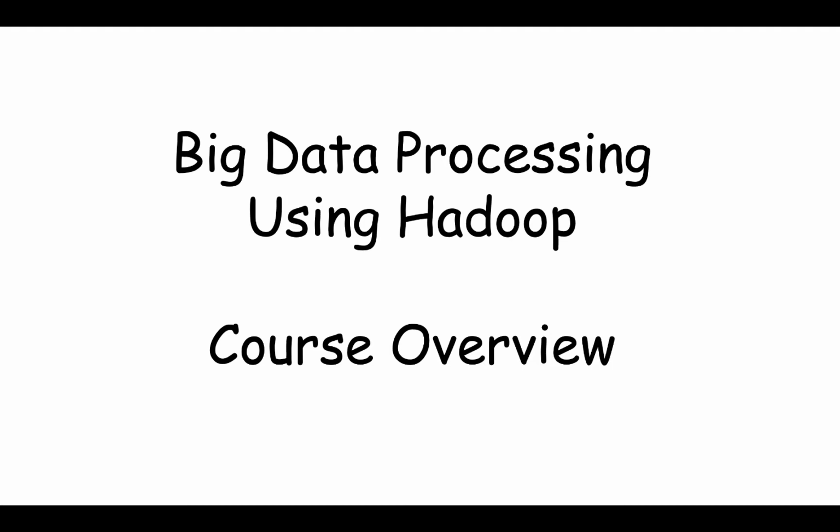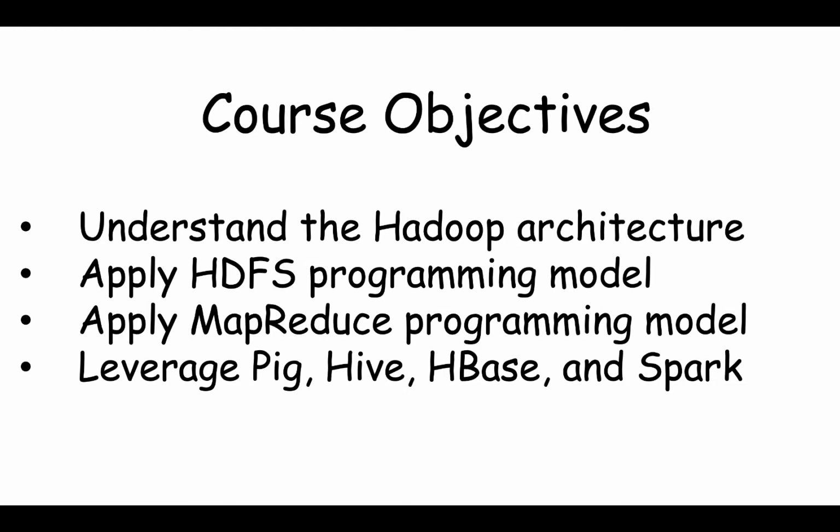Continuing our course overview, let's take a look at a few important things in the syllabus. First of all, the course objectives. Throughout this course, you should gain a good understanding of the Hadoop architecture. That includes both the distributed file system and the processing that you can perform on top of the file system.